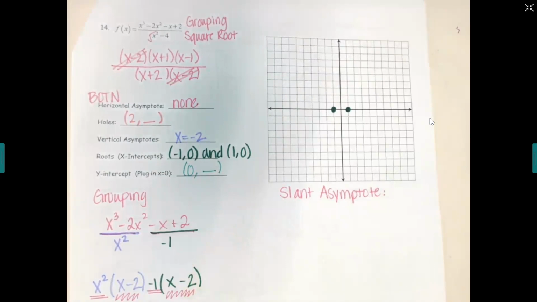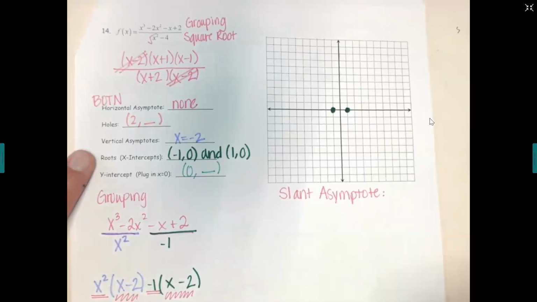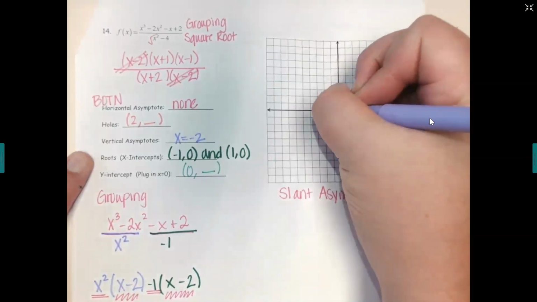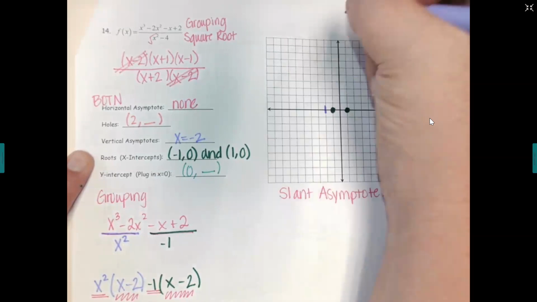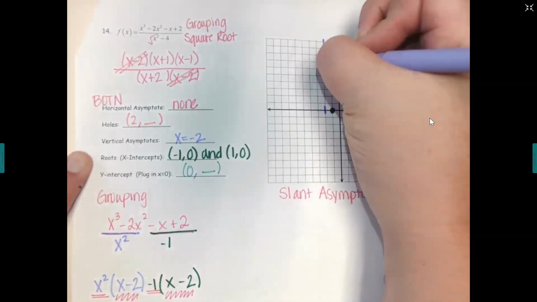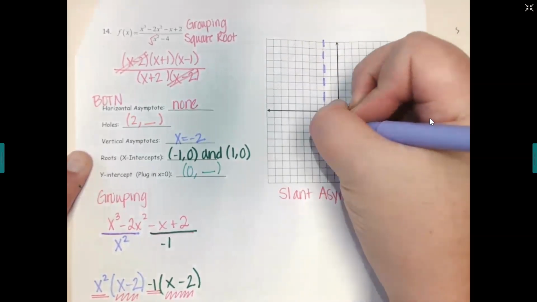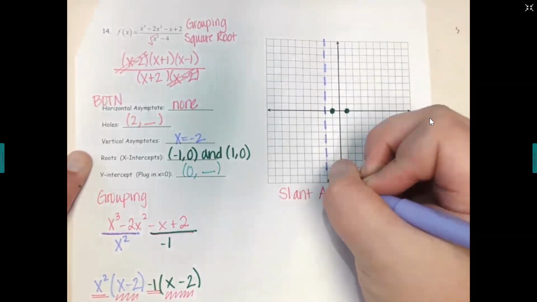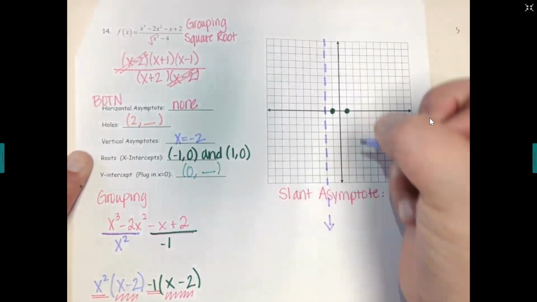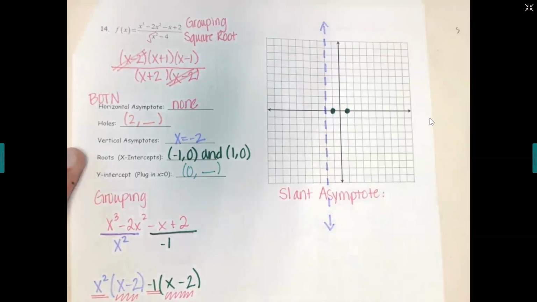And then a vertical asymptote, I could graph that right now. x equals -2 would be right here, so I'm going to draw in that vertical asymptote. But for the hole and the y-intercept, you really need to know the entire ordered pair to graph this.